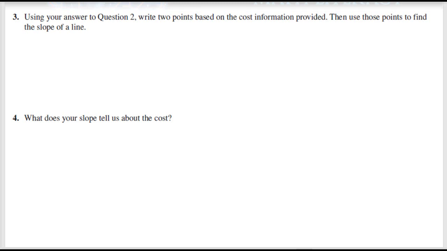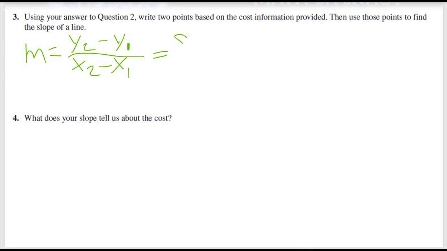Okay, so our slope is y2 minus y1 over x2 minus x1. How much does y change when x changes? How much more is y when x is a certain amount more? Okay. So we've got our 2 points. The y is the cost.